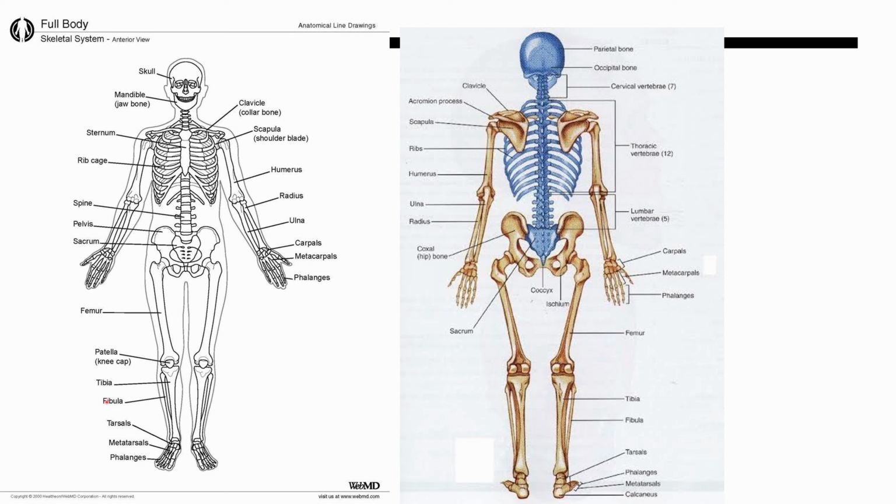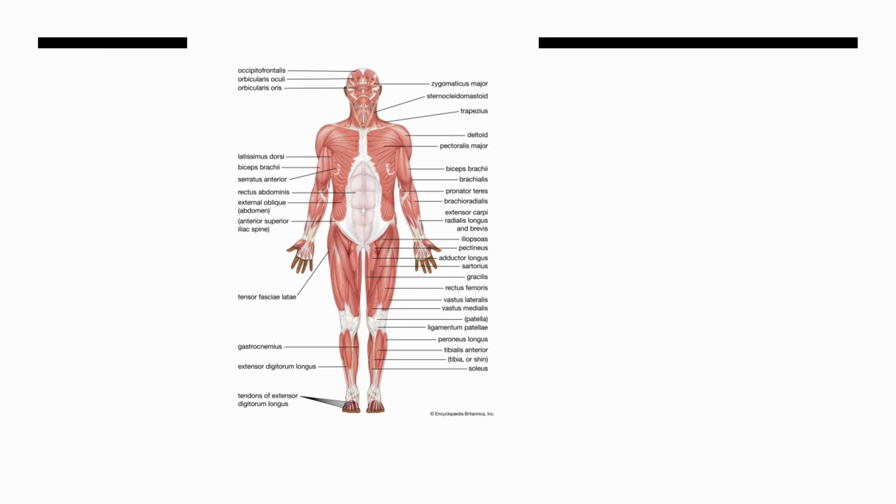So the outer part is called appendicular, and the inner, more central part is the axial skeleton. The skeletal system is not just about bones, it's about movement, protection, and survival. It is the base of everything else in our body.